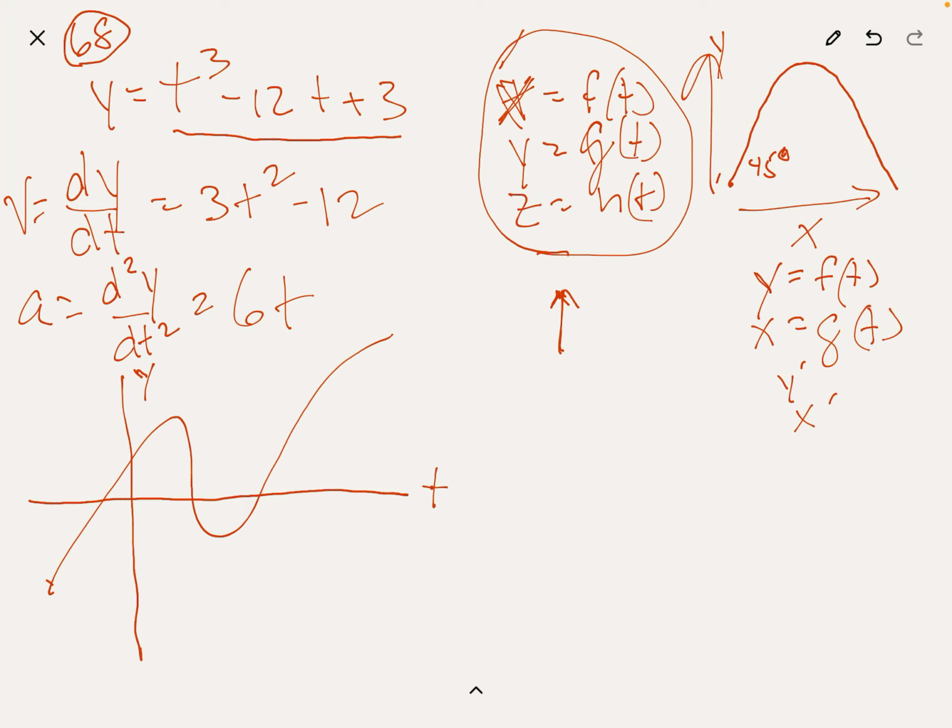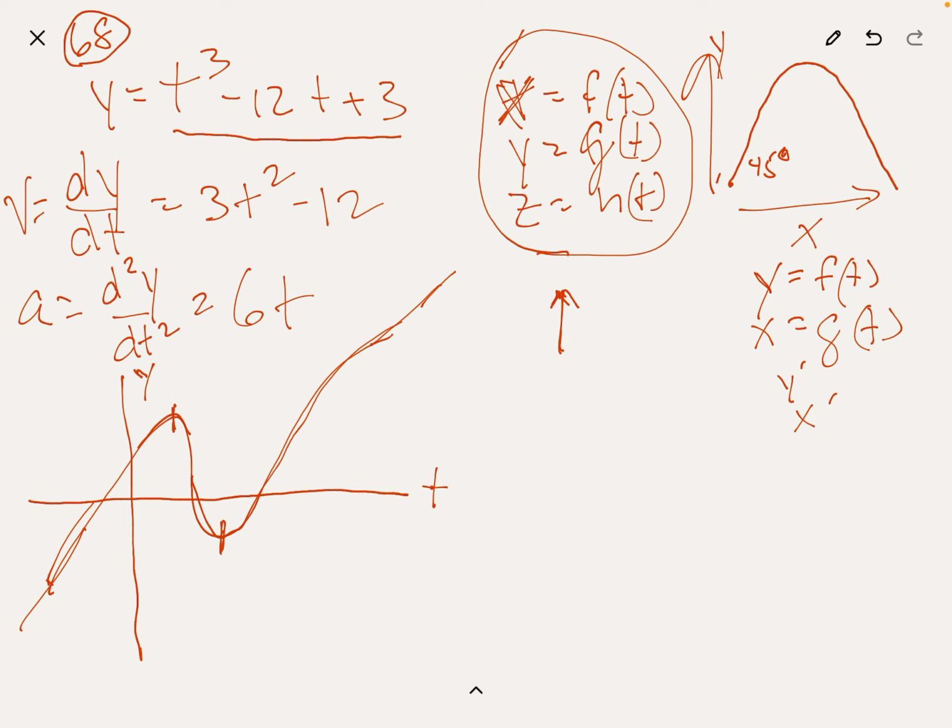The point is, if this is the function, obviously y goes towards positive infinity as t goes to infinity. So I think we've got the general shape right.